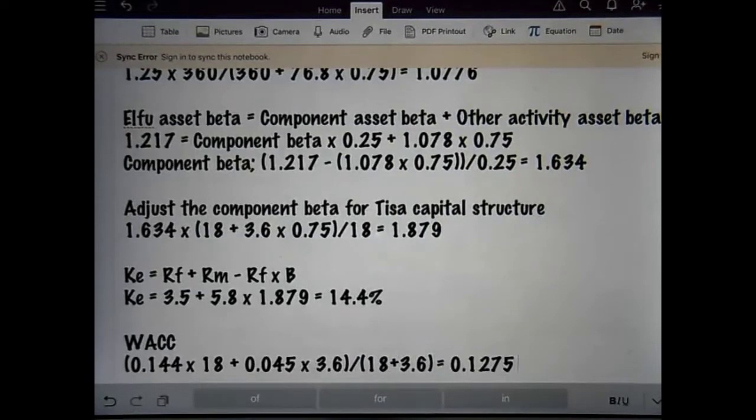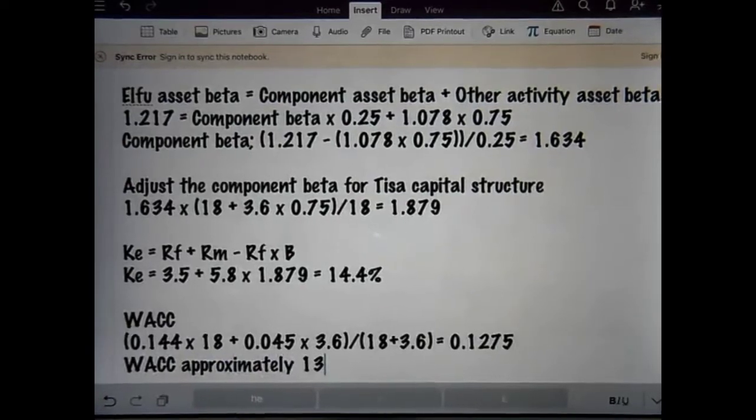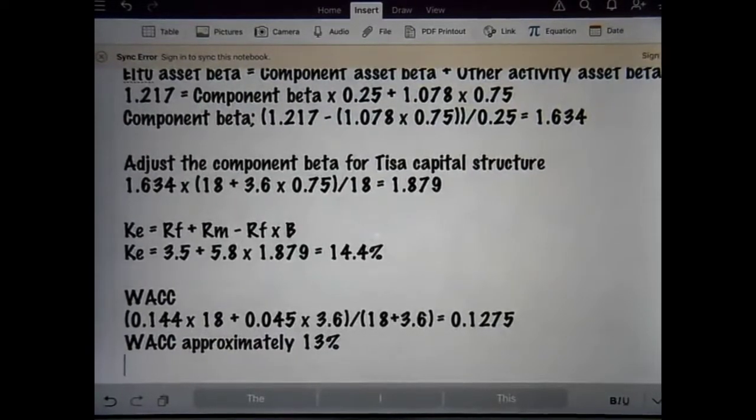Okay, done. That's the answer. How many marks you got there? 8 marks.